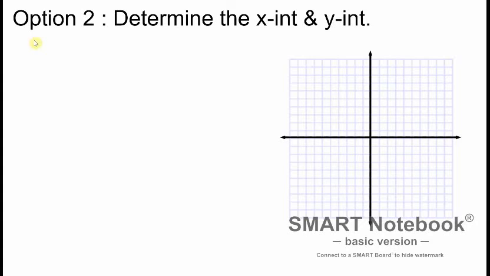We're going to, first off, write the equation down. It's 2x plus 3y equals 12. And now we have to think about the x-intercept and the y-intercept a little bit. So let's talk about the thing that's more familiar to us, the y-intercept. The y-intercept we know is a dot that falls somewhere on the y-axis.